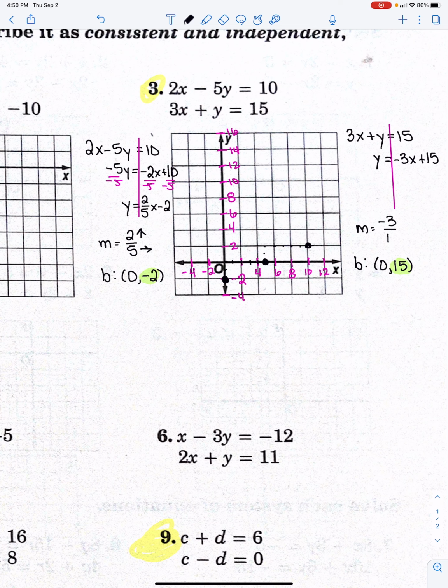And I could try that again. Up 2, 1, 2, 3, 4. 5 would actually end up off the grid, so I'm not going to worry about that one there. But as long as I have 3 points, I should be able to graph that first one, my equation A.